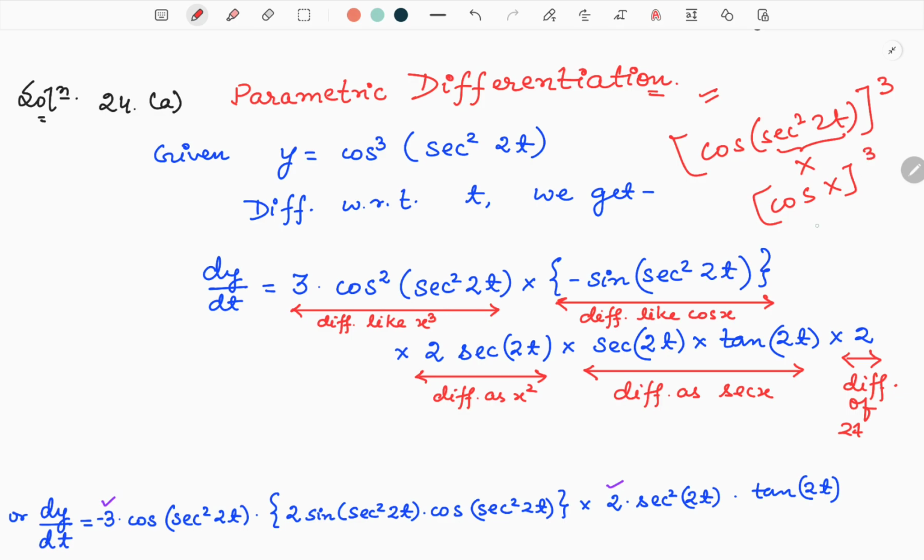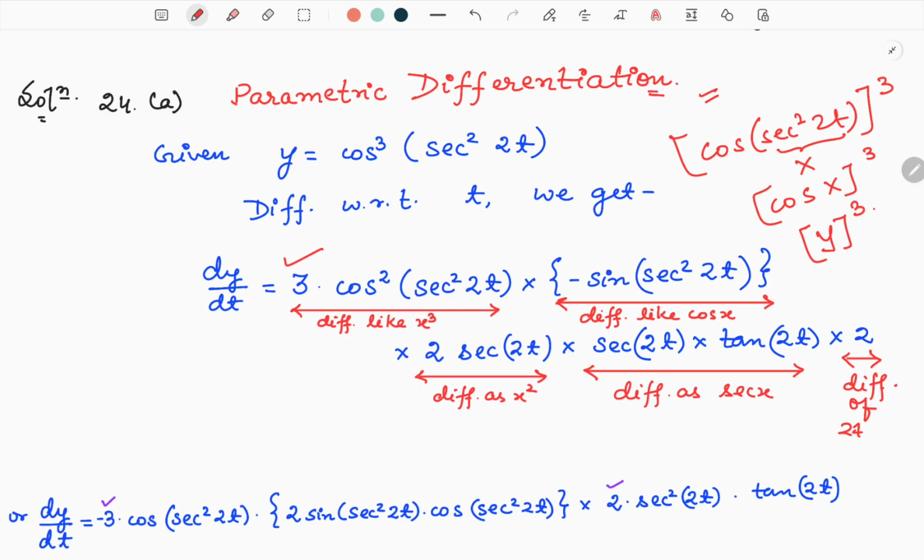And in place of cos x, if we write Y, then it becomes Y cube. Y cube differentiation is 3Y square. So 3 will come here, Y square means cos square x, and in place of x you can write sec square 2t. So the first differentiation is like this.